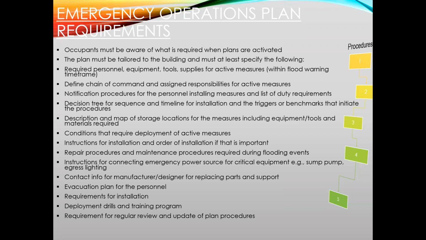You have to train the personnel, making sure they have all the equipment that they're going to need, and the requirements for installation, the instructions, contact information for the manufacturer. And so yeah, it's just a lot that goes into it. The original technical bulletin only had like 5 things on this list.